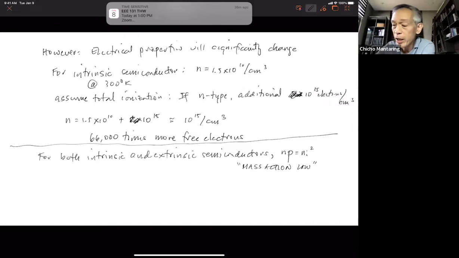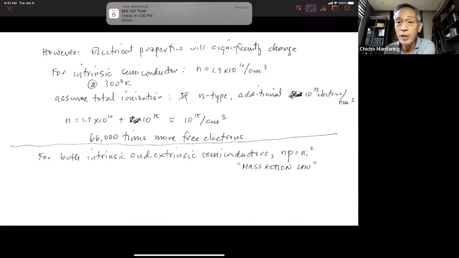And actually, intuitively, it makes sense. For example, I have an intrinsic semiconductor, and then I dope it with donor impurities. So what will happen if I dope it with donor impurities? The number of electrons will increase. As the number of electrons increases, the probability that an electron will recombine with an existing hole will be greater.